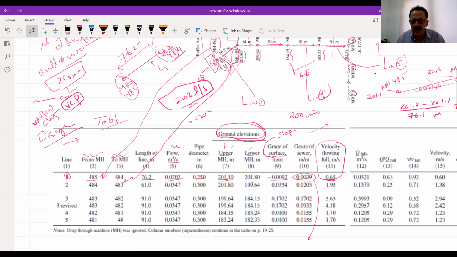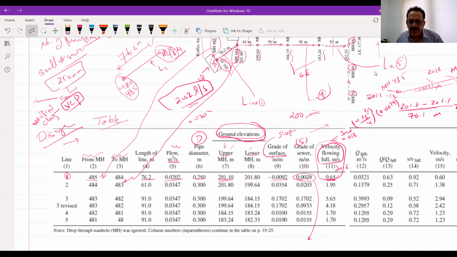I have the S, and I have the diameter, and I have the n, so we have 1 over 0.013 times d, which is equal to 0.25 divided by 4 to the power 2/3 times S, which is 0.0029 to the power 1/2. So I can have the full velocity, 0.65 meter per second, which is greater than 0.6, so we are good.